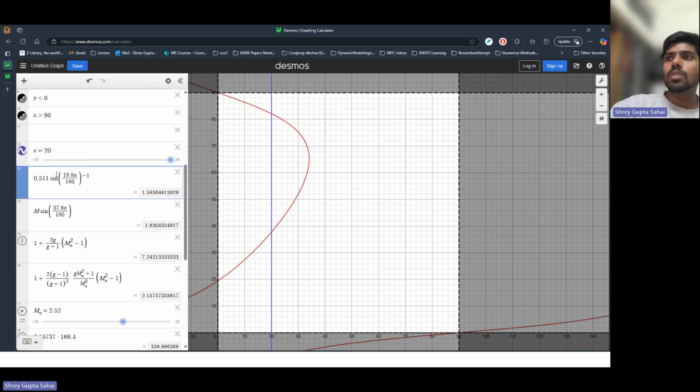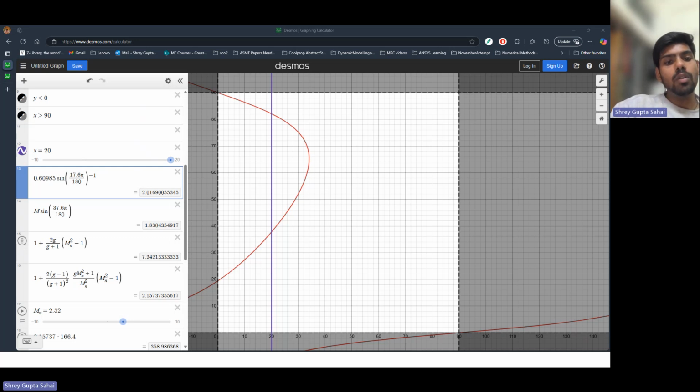Now we have Mn2 is 0.60985, and in the argument we have beta minus theta. Beta is 37.6, theta is 20, so 17.6. We calculate M2 to be 2.017. So this is your M2.